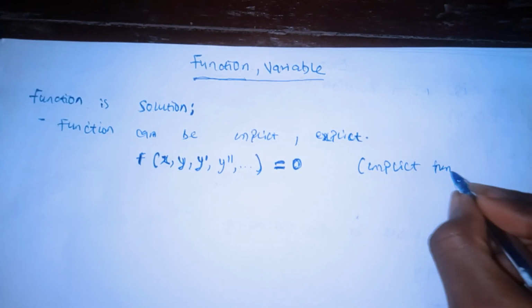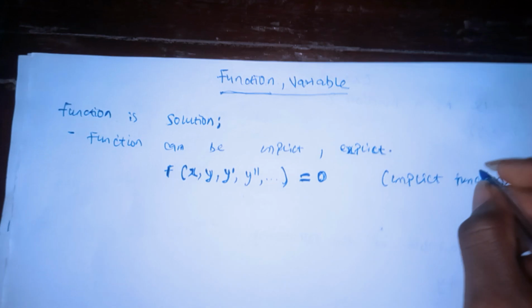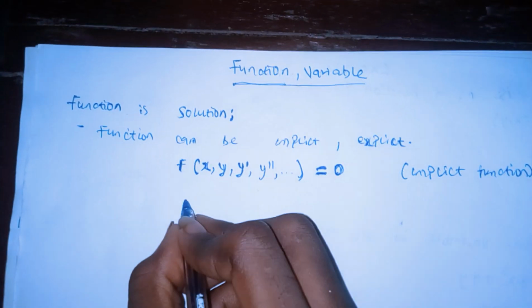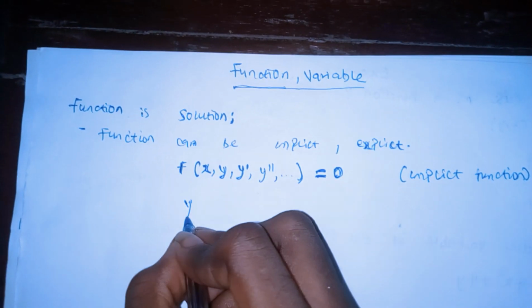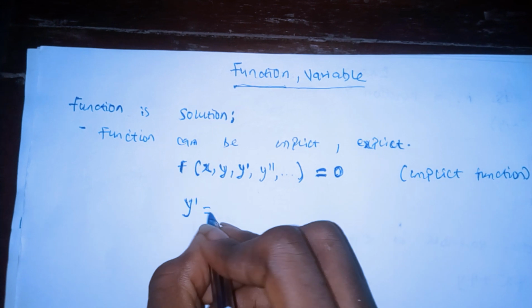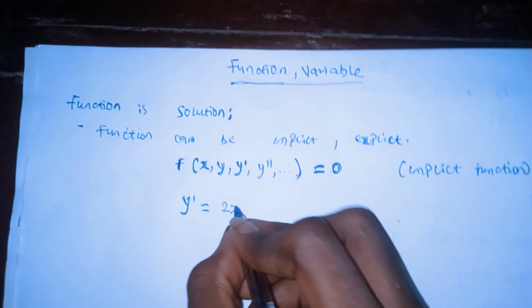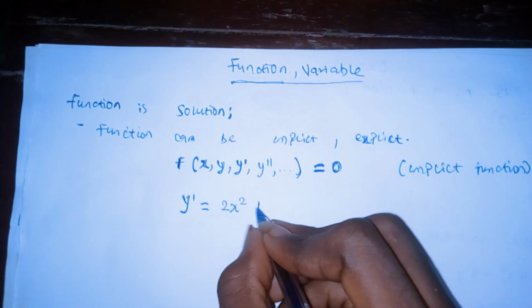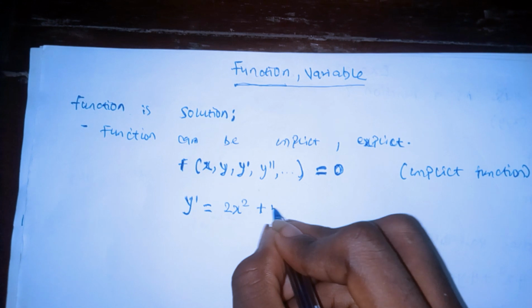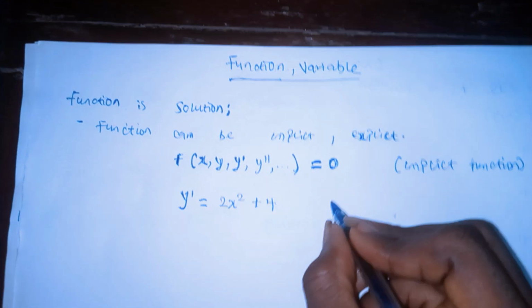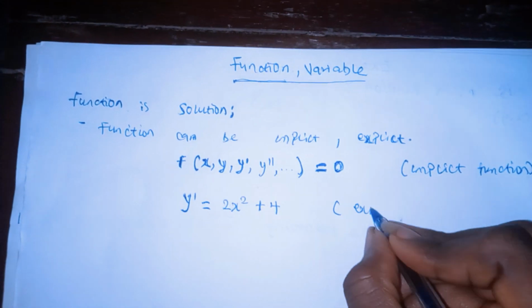But explicit function is when it is like this: y prime is equals to 2x squared plus 4. This is an explicit function.